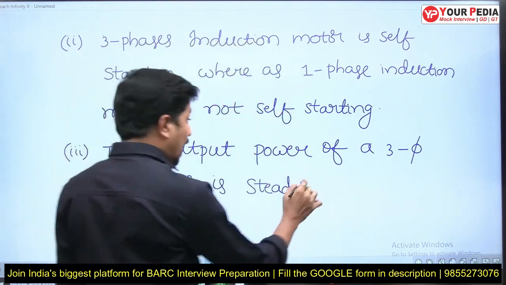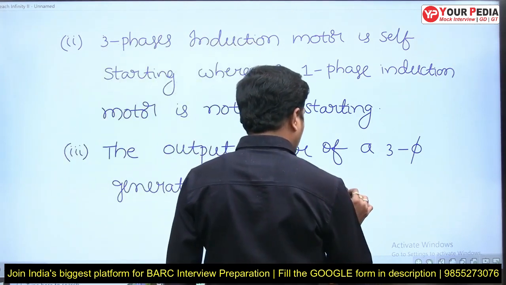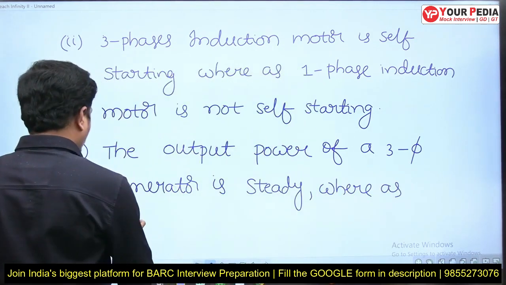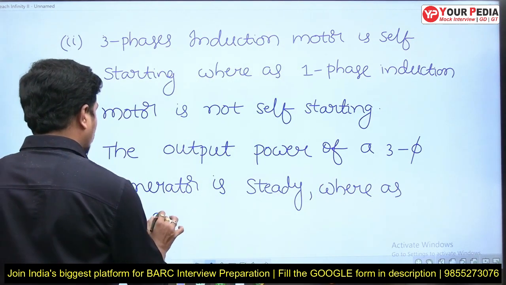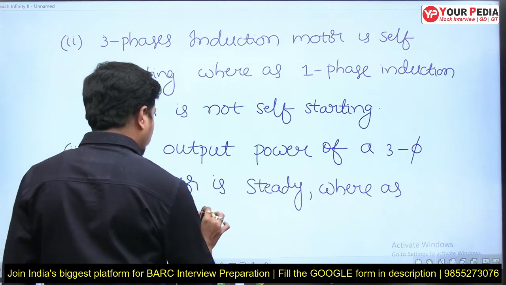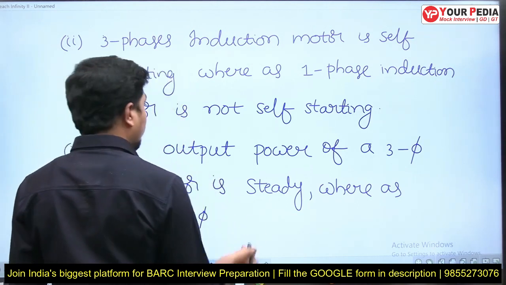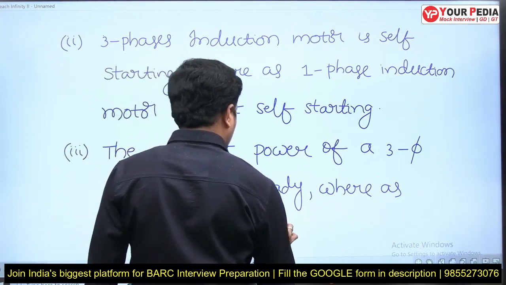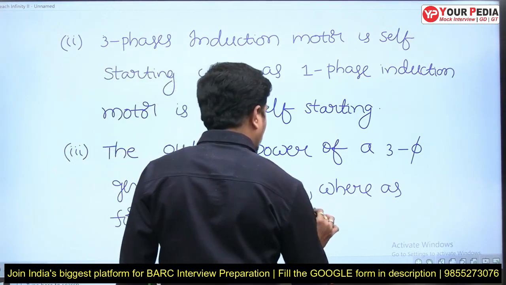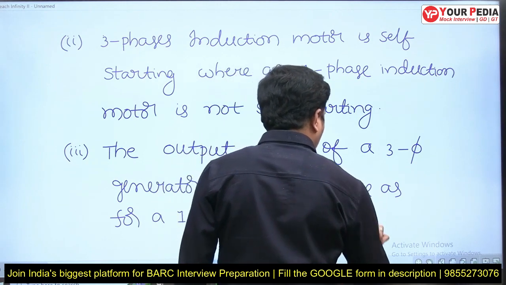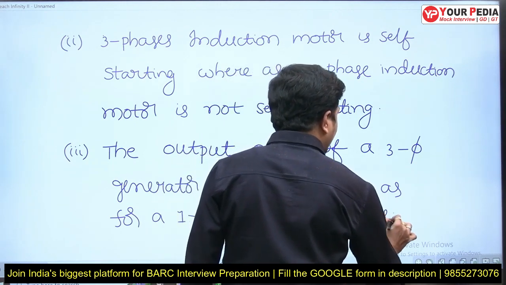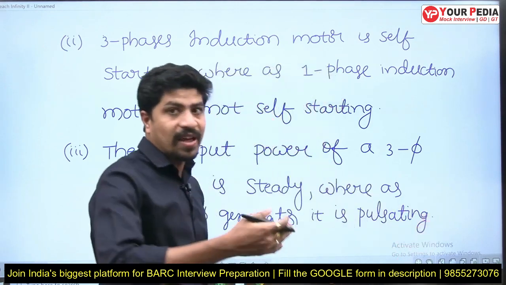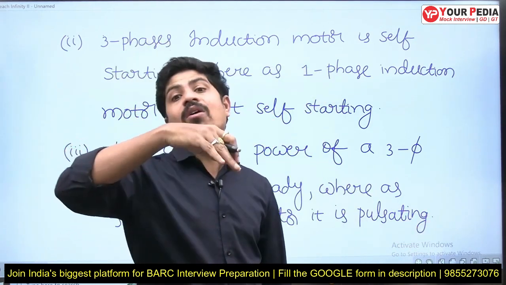Okay, steady. Whereas for a single phase machine or generator, whatever it is, it is pulsating in nature. It is pulsating, means it is varying with respect to time, not a constant value.